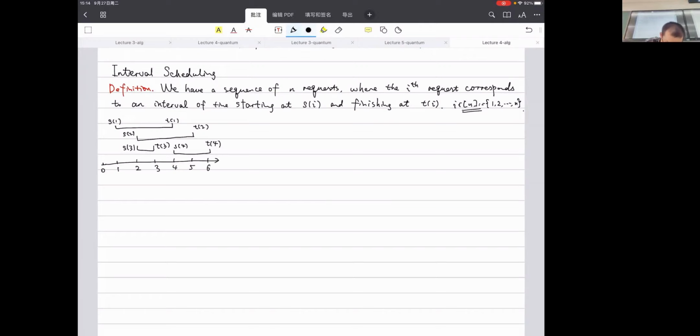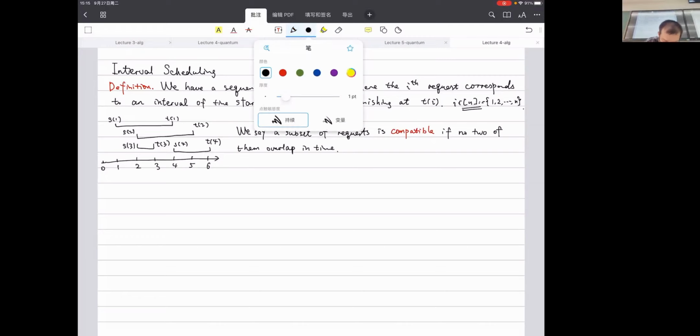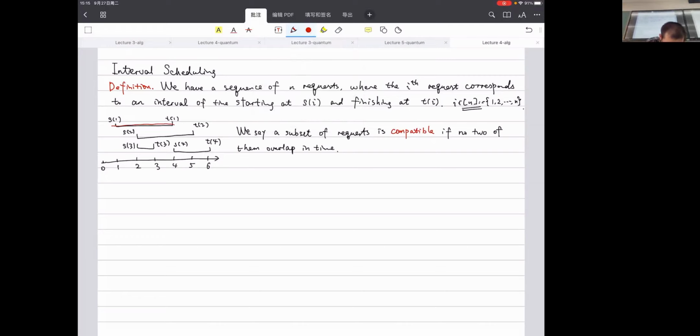So we have a further definition here. We say a subset of requests is compatible if no two of them overlap in time. Let's look at the first event and the fourth event here.